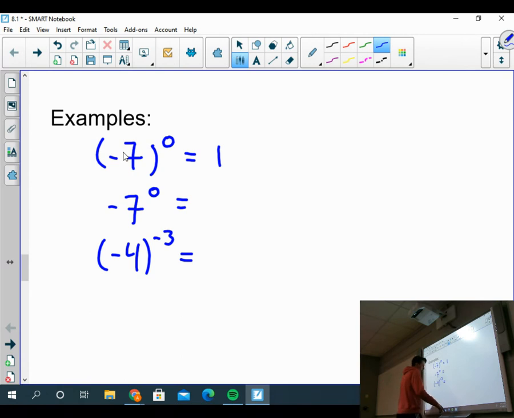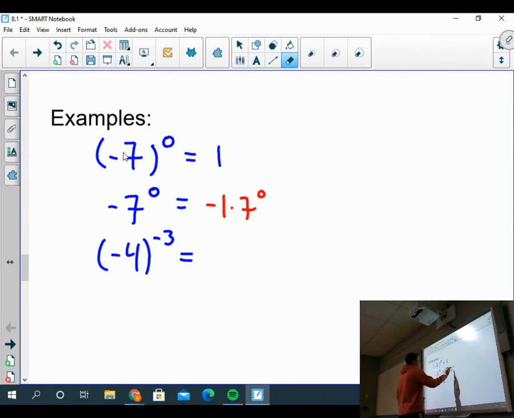Well, really how you could rewrite this, and maybe this will be helpful for some of you, you can almost imagine this as -1 times 7 to the 0 power. Okay? It looks like -7, but really what's happening is -1 times 7 to the 0 power. And how are we going to see this illustrated?